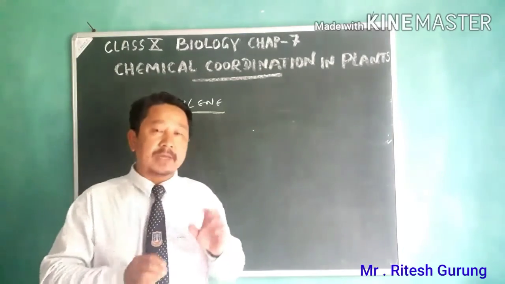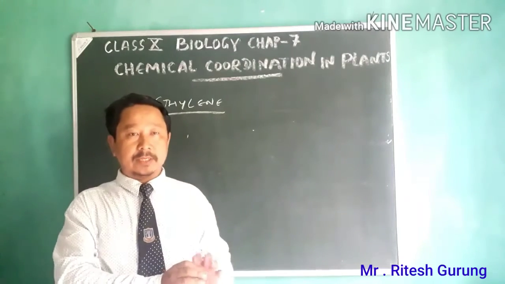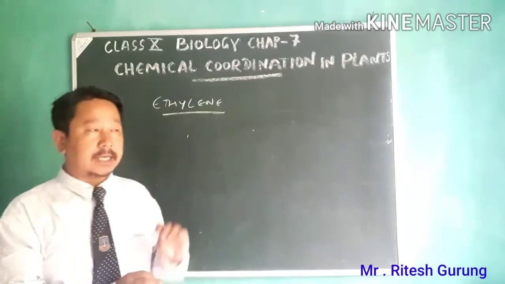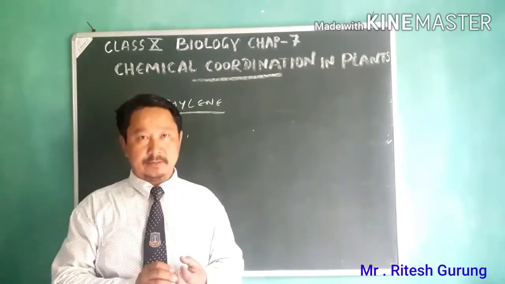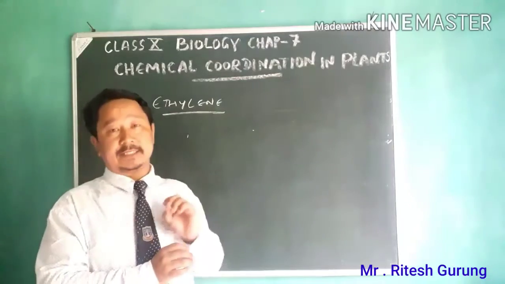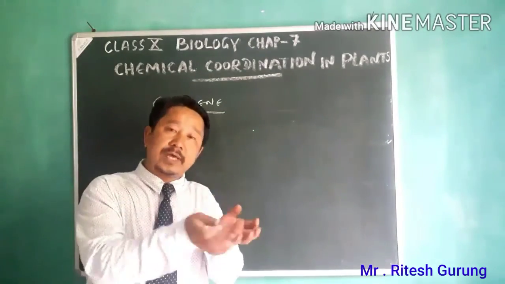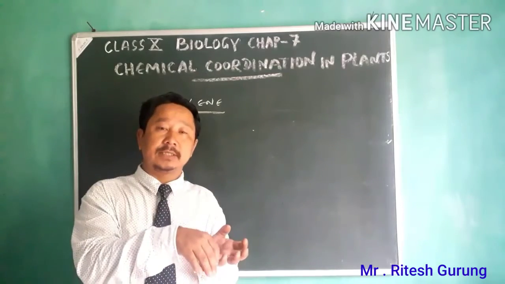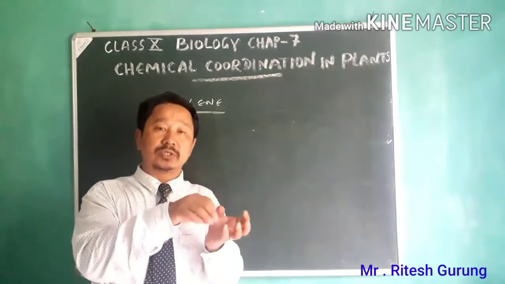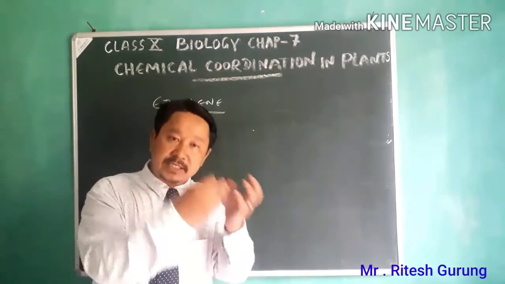Second one is that the place of production, the place of synthesis, and the place of action are the same in this particular case. That means this hormone is produced in the place where it shows its functions, in the same place where it is produced.